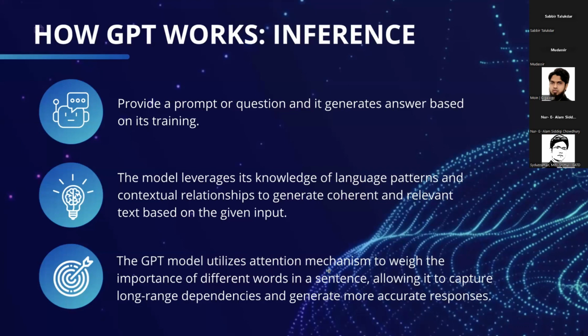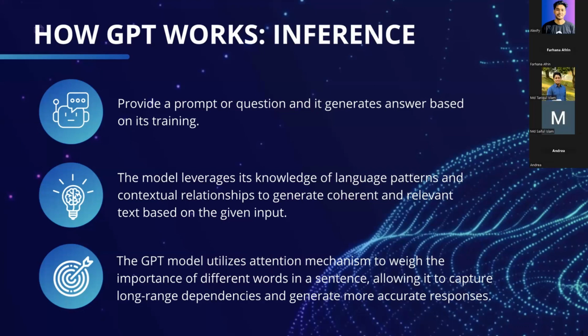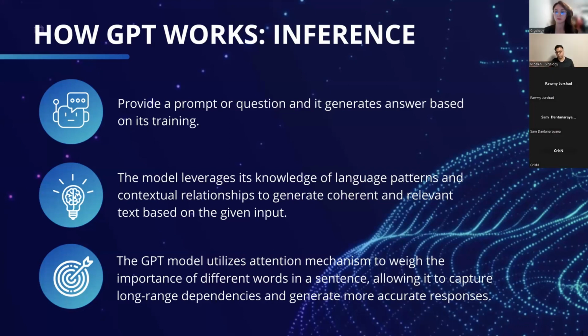This attention mechanism weighs the importance of different words in a sentence. It allows the model to capture long-range dependencies, not just from a few specific words, but from the entire course of data, and combines the sentences and finds the next word based on the previous words very accurately.